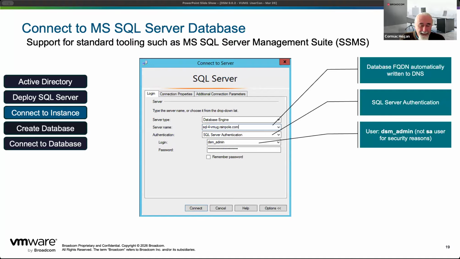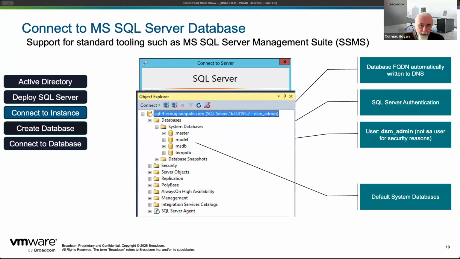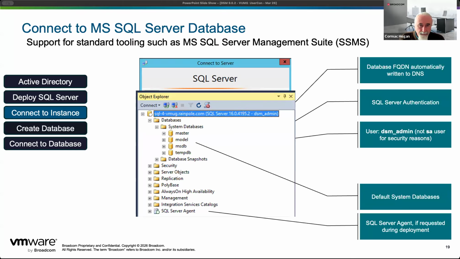It is not really an SA user. It is a very privileged user, but a best practice is actually to disable the SA user on SQL Server instances, so that's what we're doing here. We're logging in as that DSM admin. And once we're connected, you see all of the system databases, all available to that DSM admin user that we created on the database.